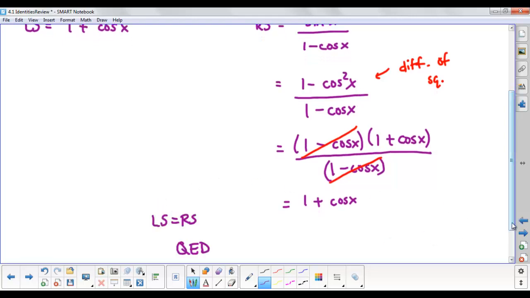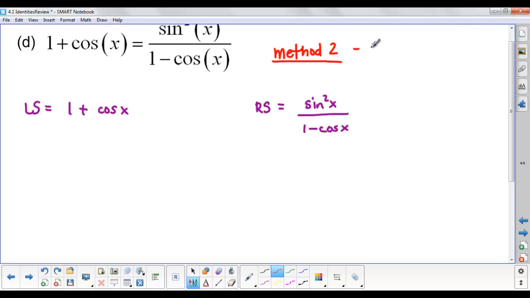Now, method 2. In method 2, we're going to use something called the conjugate. And you're probably familiar with the conjugate when you are rationalizing denominators. When you're looking at this denominator, I see a 1 minus cos x. So what we're going to do is multiply by the conjugate.